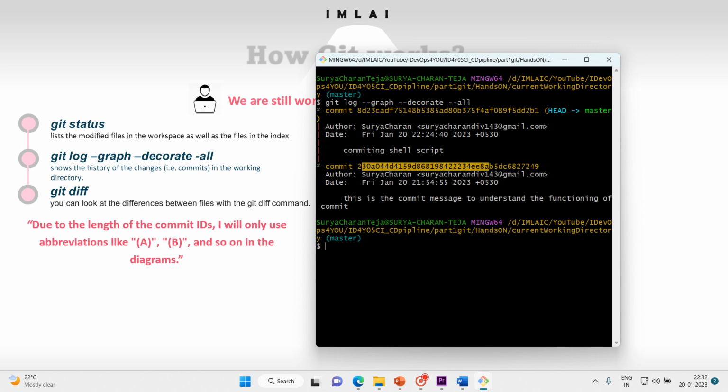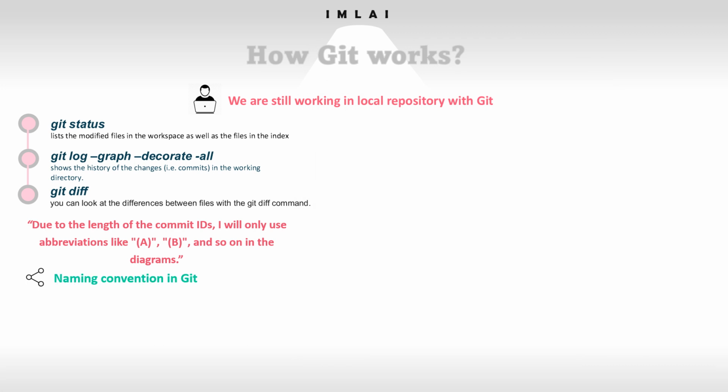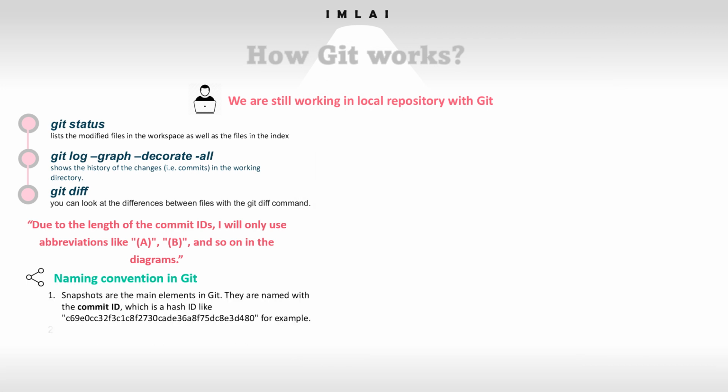Now for convenience, git can abbreviate the long hashes to short names by taking the minimum number of characters from the start of the ID so that the short name is still unique within the repository.